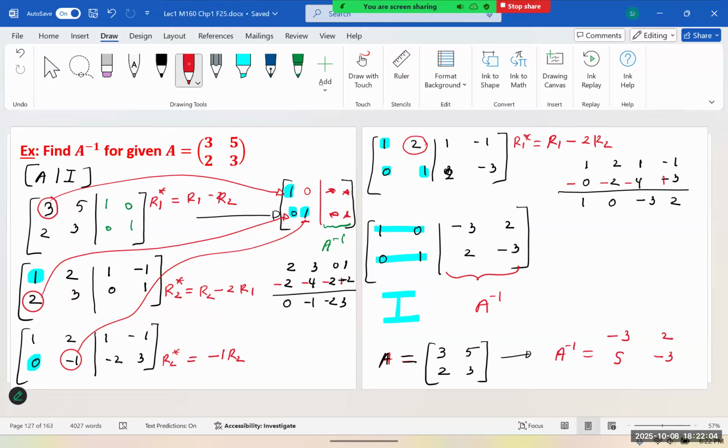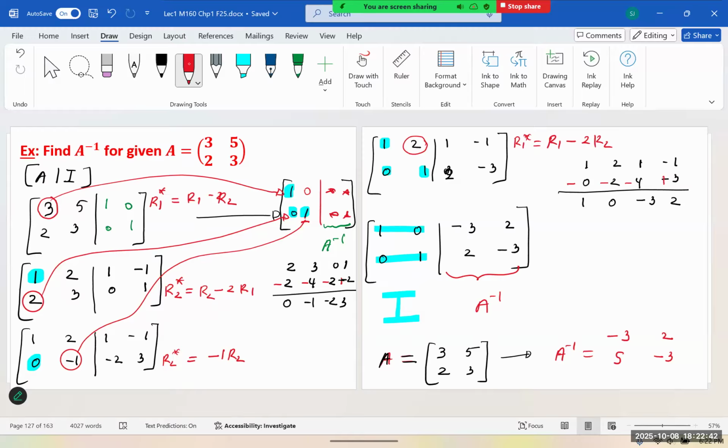So the first one is row 1 minus row 2. So 3 minus 2 is 1. 5 minus 3 is 2. 1 minus 0 is 1. 0 minus 1 is -1. The first one is correct. Next, we multiply row 1 by 2. So -2, -4, -2, +2. And we have 2, 3, 0, 1. So -1, -2, 3.